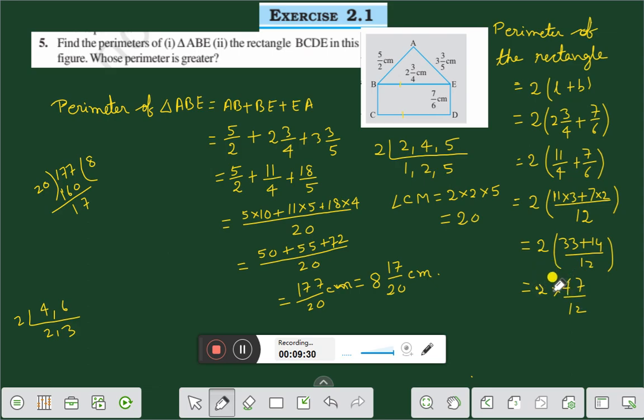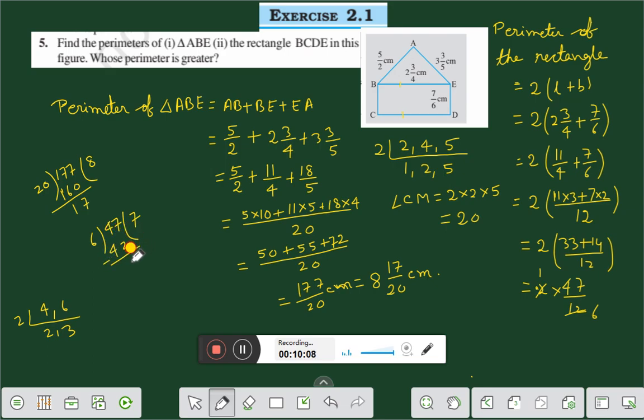Right? Now, if we cut it by 2, 2 ones are 2 and 2 sixes are 12. Now, if we divide 47 by 6, what are you getting? Divide 47 by 6. 6 sevens are 42.